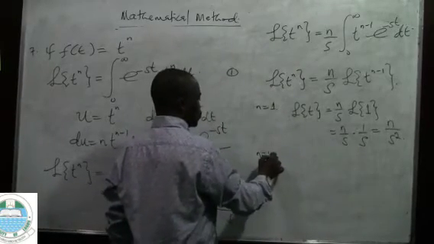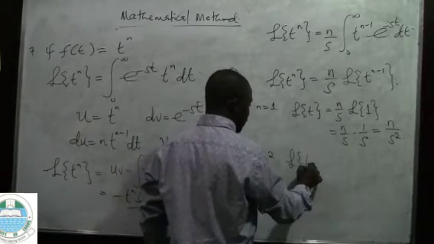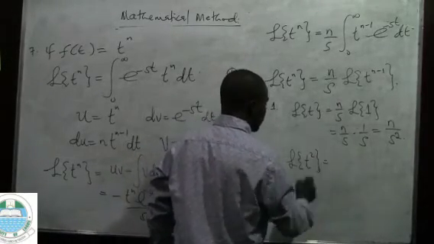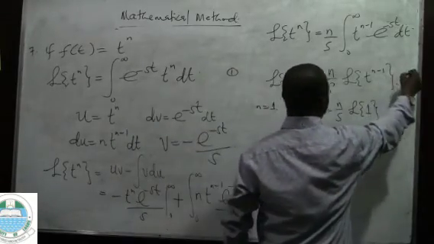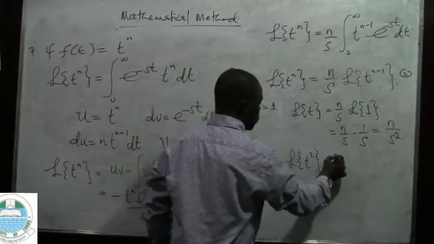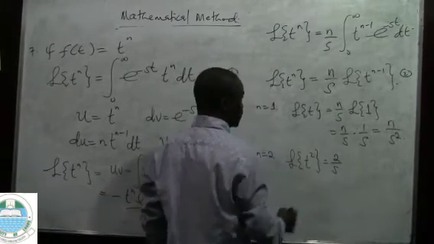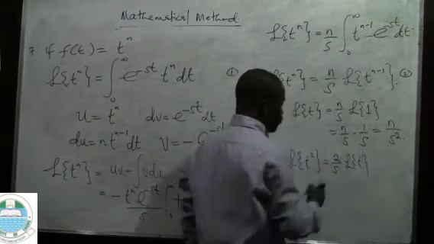When n equals 2, we have Laplace of t squared. Let's call this one equation 2. Substitute it into equation 2. We have 2 divided by s Laplace of t. There's a value for Laplace of t.